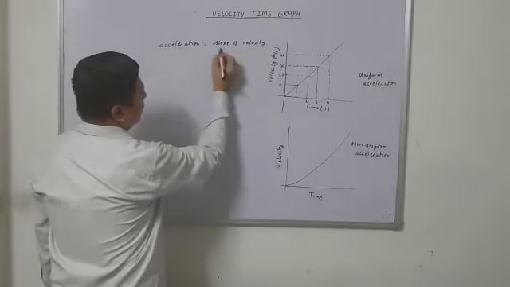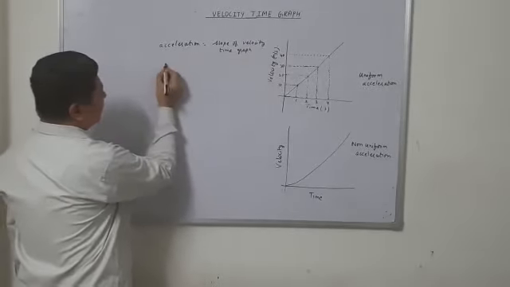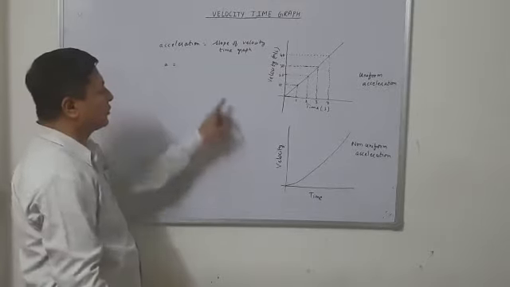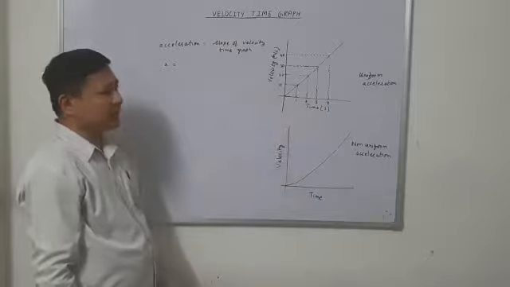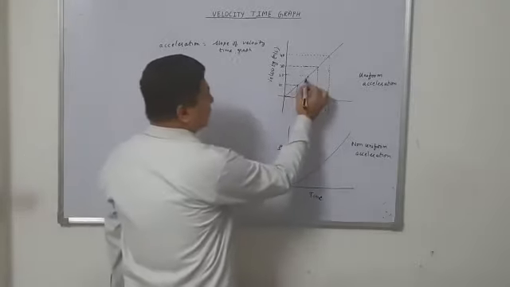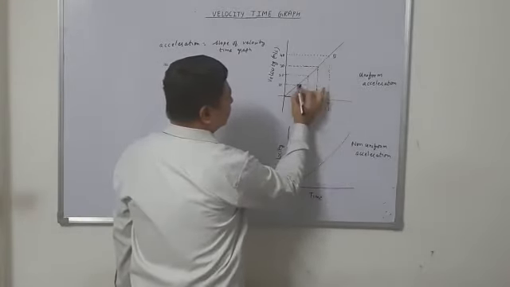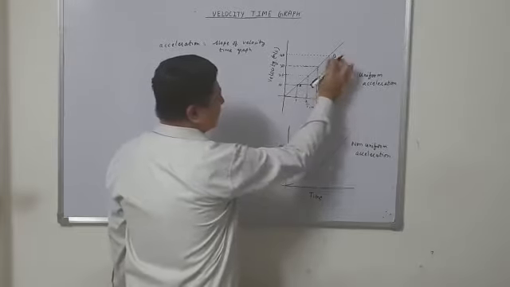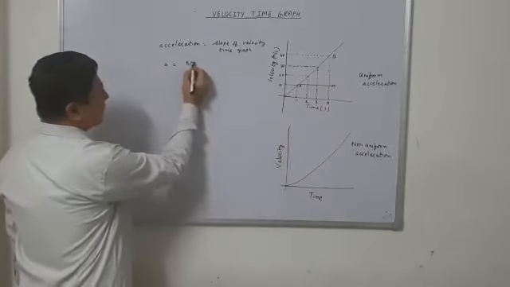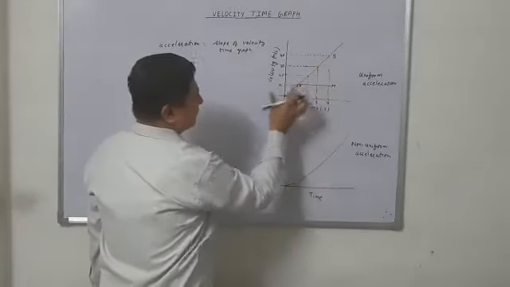Acceleration is denoted by a, and I have already told you that we can find the slope by using perpendicular upon base. If I take this point A and this point B and join them, the perpendicular is BM, where BM is perpendicular, and the base is AM. So the slope of the line is perpendicular upon base.